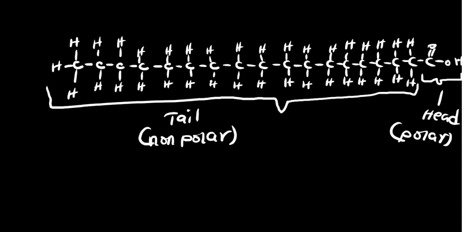So let's go now to the other structure for the unsaturated fatty acid that has double bonds, which is deficient of the hydrogens.